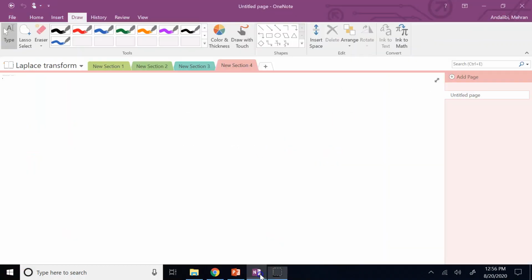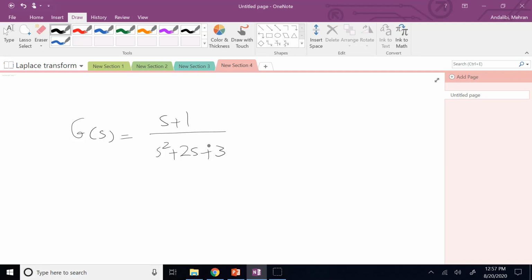Okay, so for example, the previous transfer function that we derived, if you remember, it was s plus 1 divided by s squared plus 2s plus 3. Okay, so that was a transfer function.